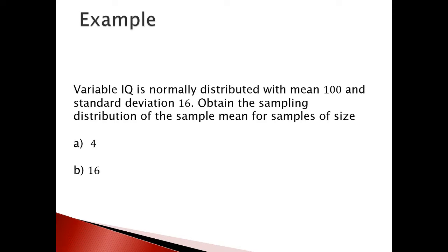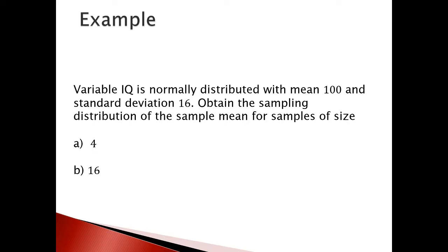Now we are going to see an example. Here we see that our mean is 100 and standard deviation is 16. If we pick the sample size n equals 4, then we can calculate the standard deviation using the previous formula: 16 over square root of 4, that is 8.